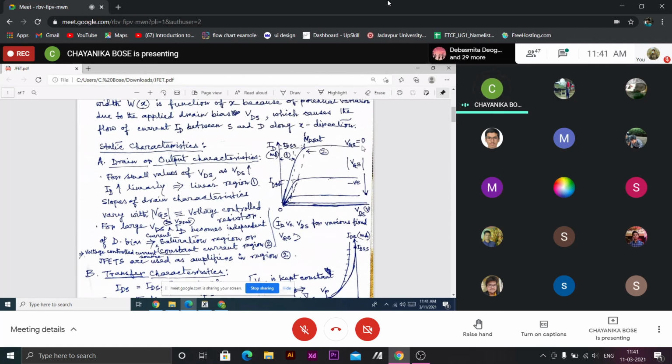Now, if we apply a gate voltage, obviously that should be negative, and as its amplitude increases, the initial reverse bias also increases. So the initial channel constriction, uniform all through the length of the channel, is higher. So the channel opening reduces. The resistance offered by the channel will be higher, and so the slope becomes smaller.